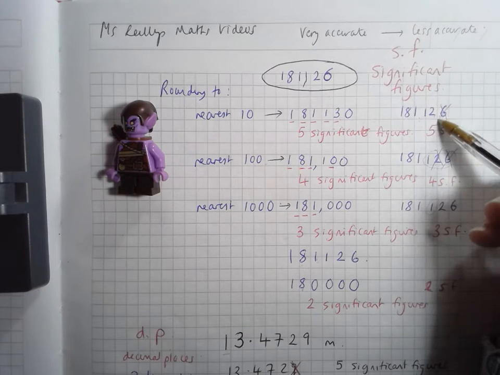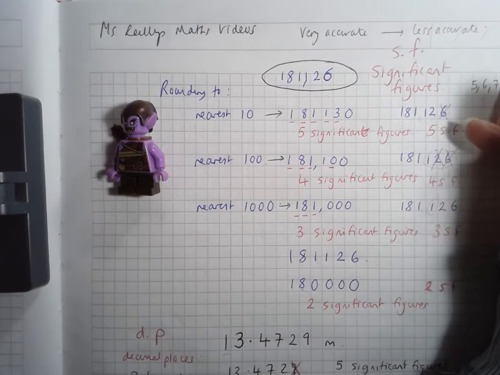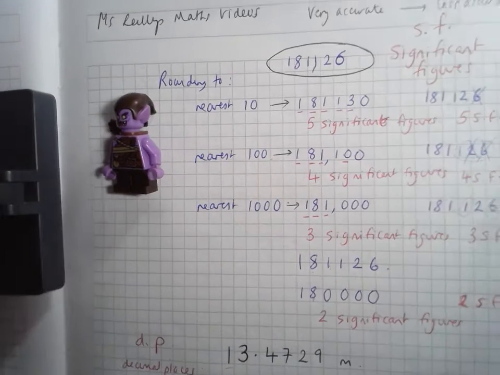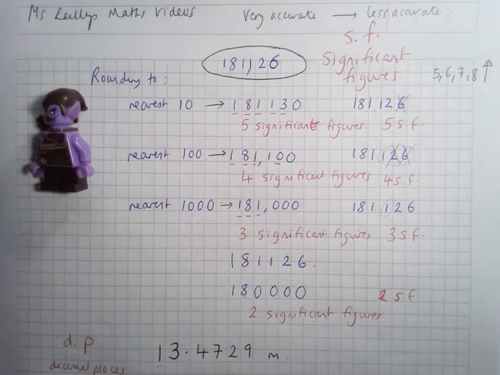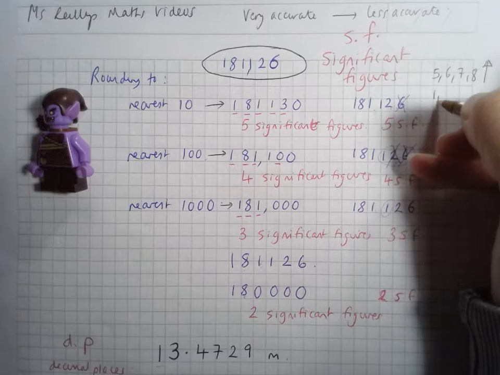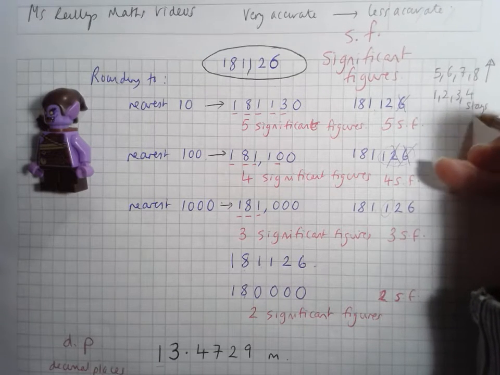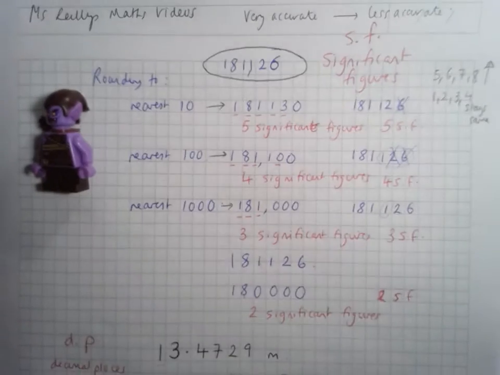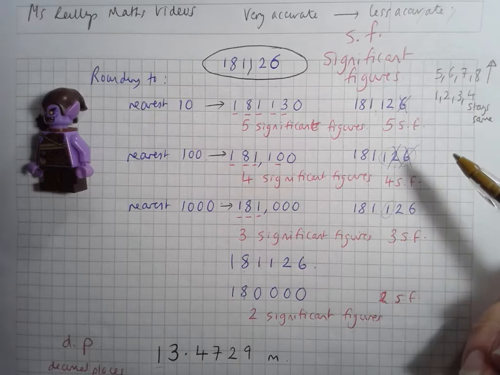Remember, if it's 5, 6, 7 or 8, it increases the number next to it. If it's 1, 2, 3 or 4, that number stays the same.